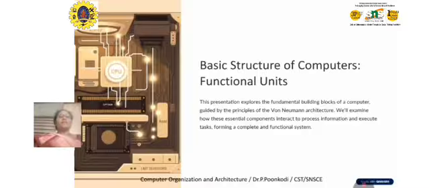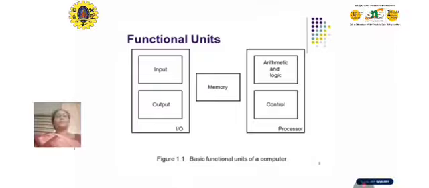We will discuss further in this PPT how these essential components interact to process the information, perform the tasks and complete the functions. This is the actual architecture given in the textbook.